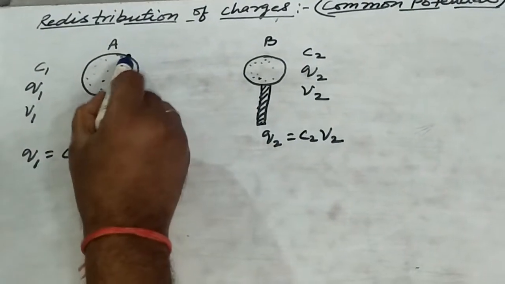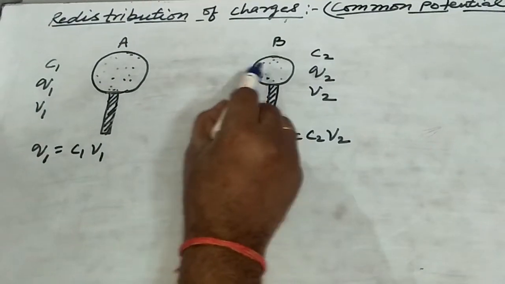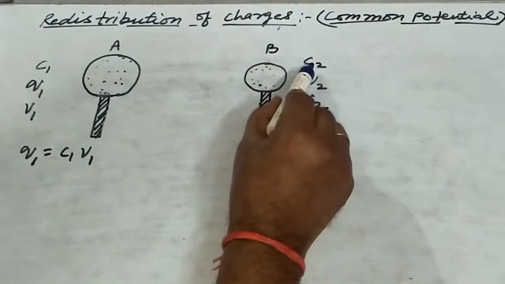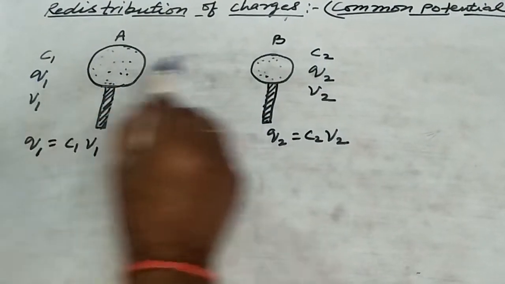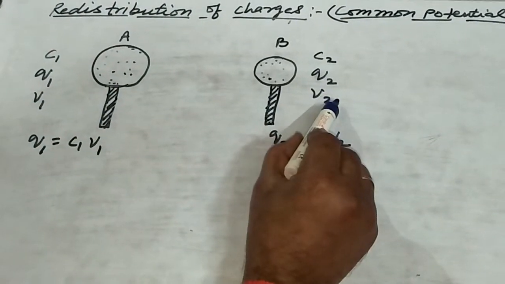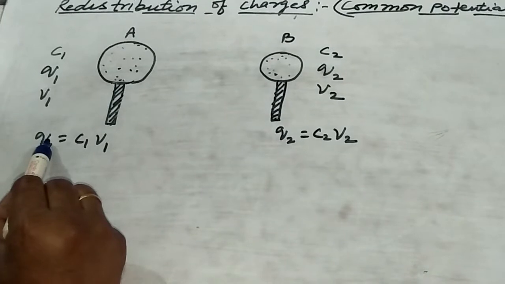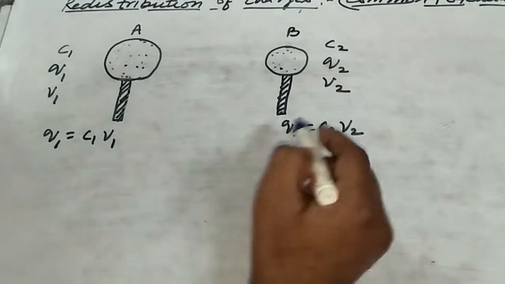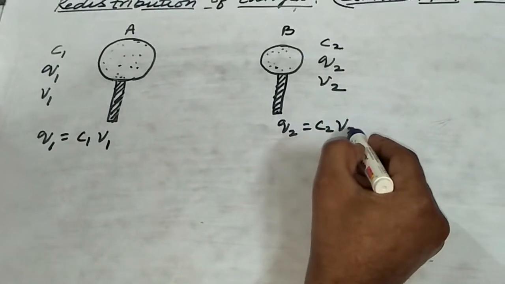It means two conductors A and B having capacitance C1 and C2, given charges Q1 and Q2, have their potentials raised to V1 and V2.